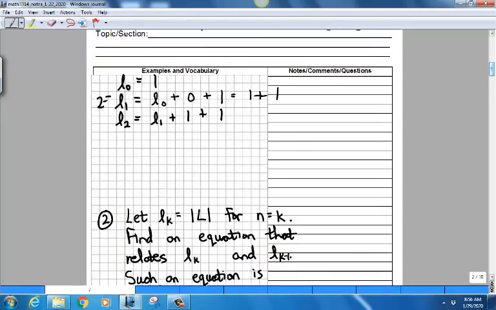So this is L1 plus 1 plus 1, and that is 2.